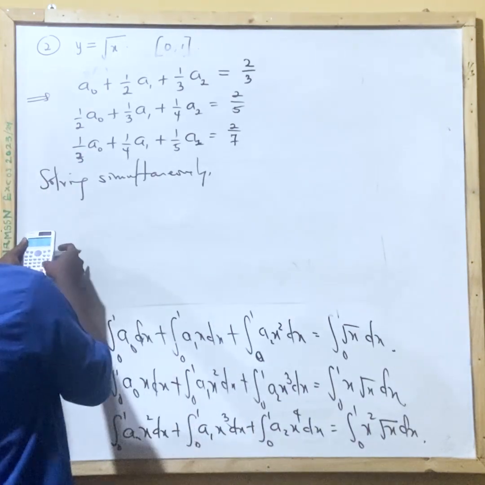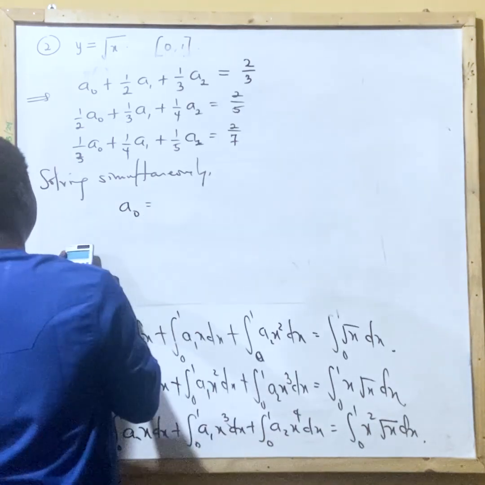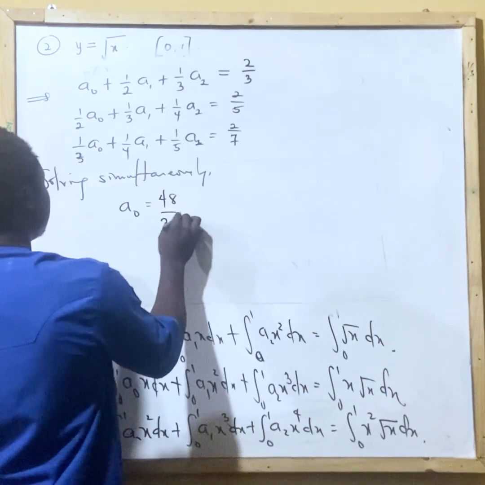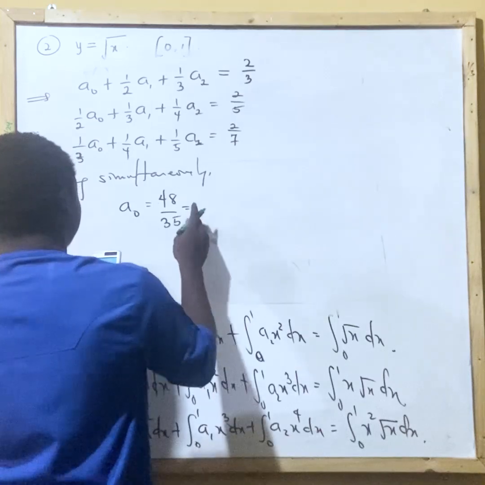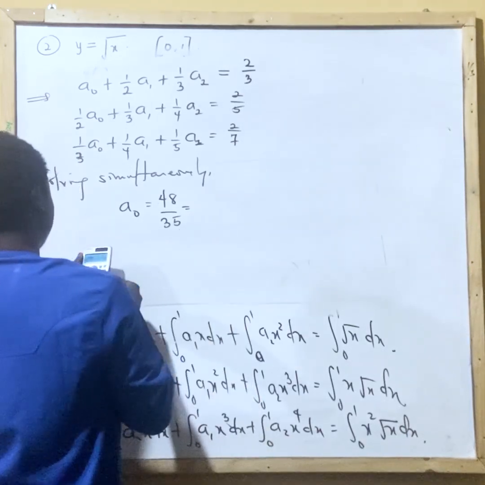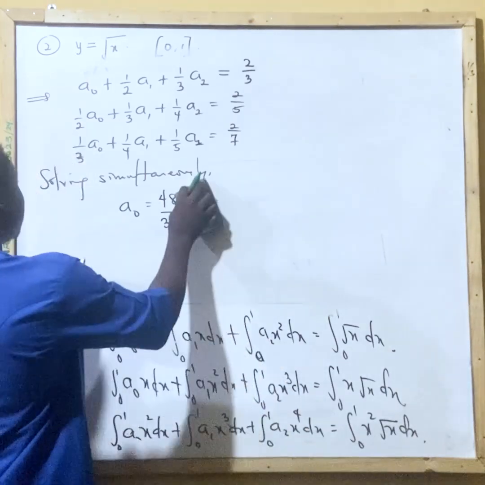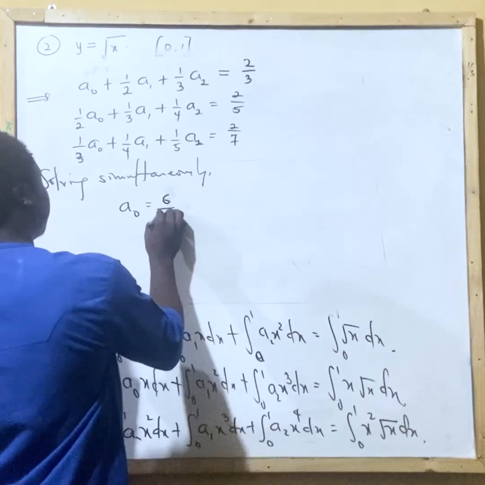So we get our a naught to be, sorry, our a naught is 6 over 35.